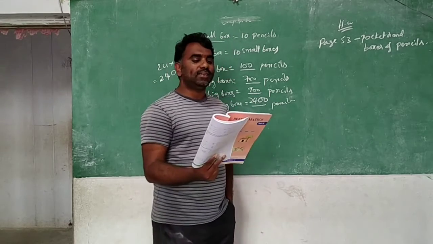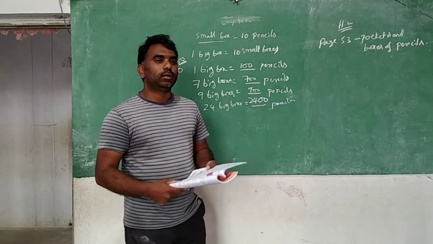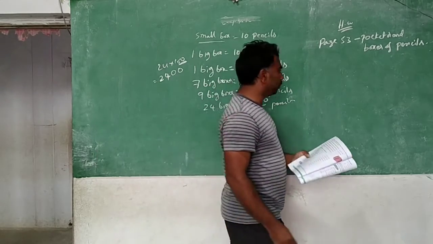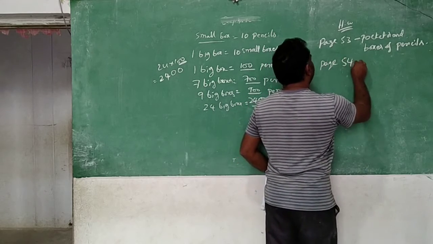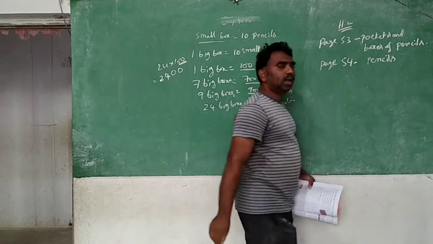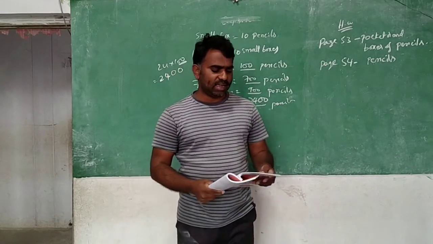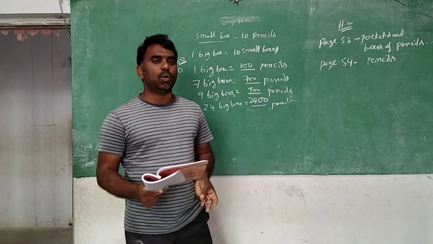Okay, can you answer these questions on page number 54? Page number 54, about the pencils. That all you have to write there. Simple questions are there. How many pencils do 6 such boxes have?